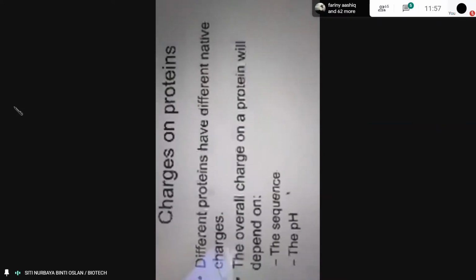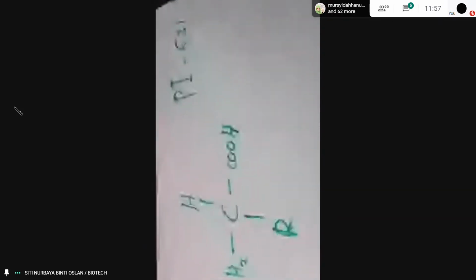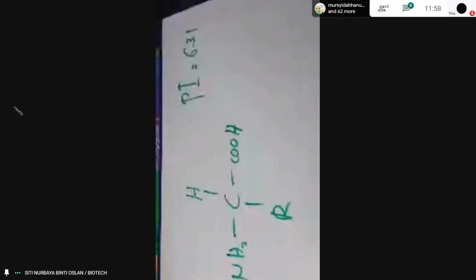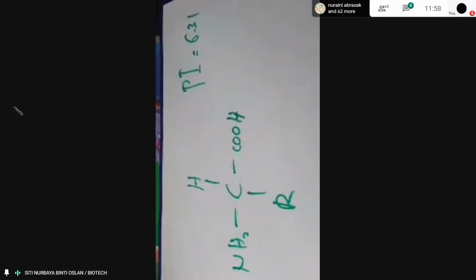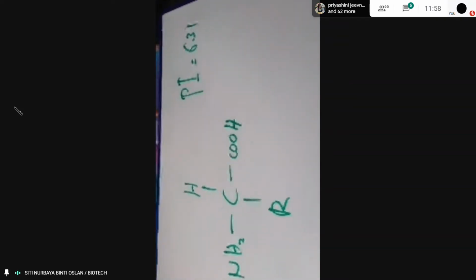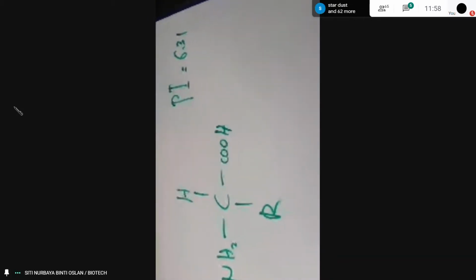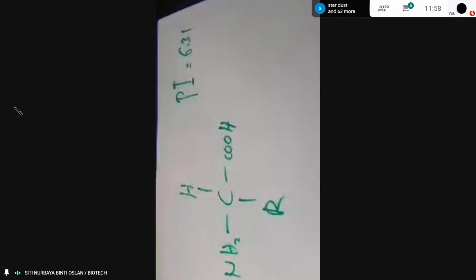Okay, if you still remember, we have 20 common amino acids. This is the common amino acid structure. The amino acid comes with the C, O, O, H, and then R represents the functional group, and NH2 represents the amino group. Each amino acid comes with its own PI.